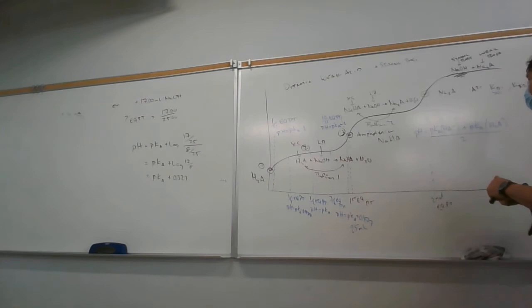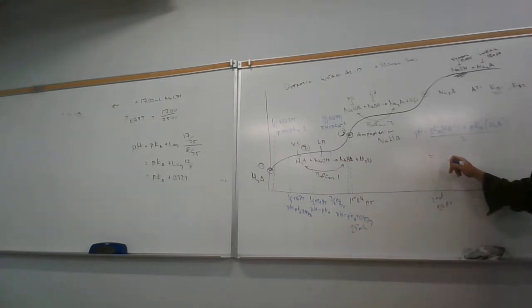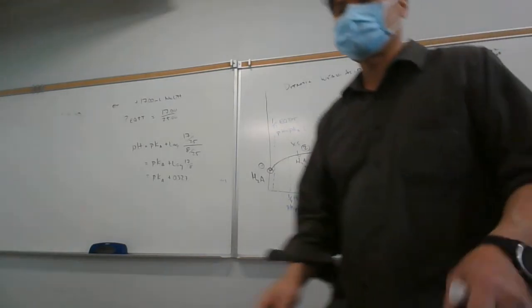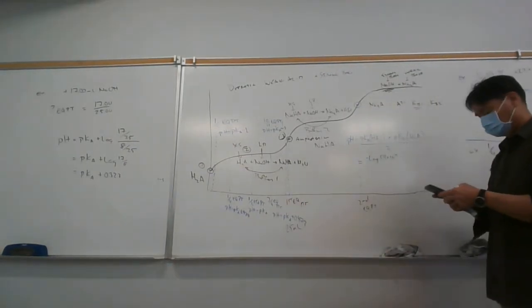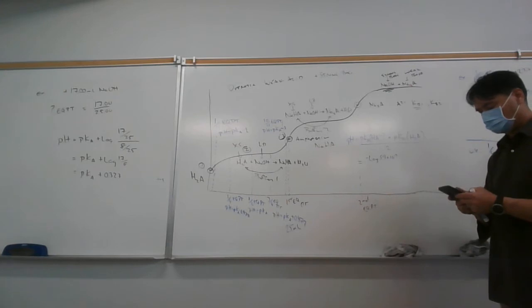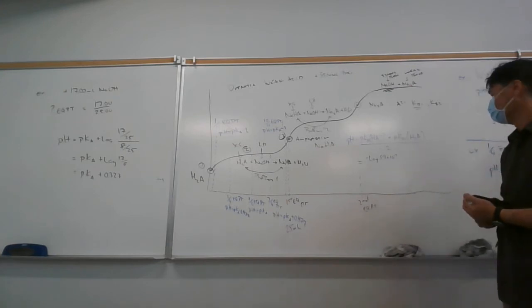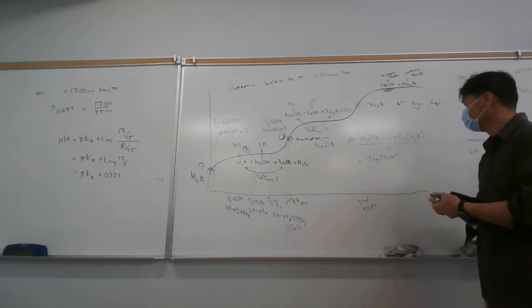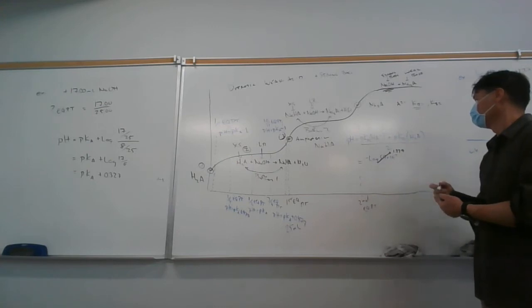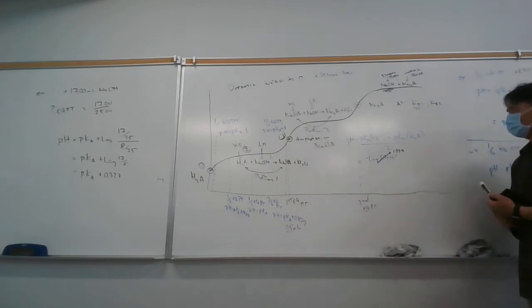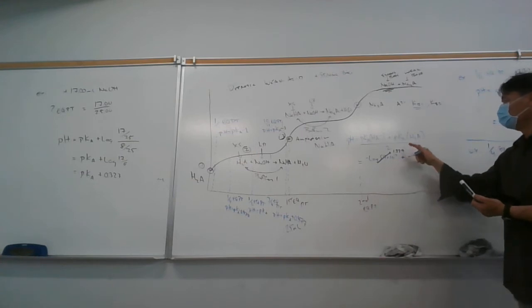5.9 times 10 to the minus 2, that's for oxalic acid here. So the pKa is going to be the negative log of the Ka, 5.9 times 10 to the minus 2. Okay, what does that equal? Let's take the log of 5.9 times 10 to the minus 2. 1.229. That would be the pKa. Okay, plus the P. Oh, wait a minute.